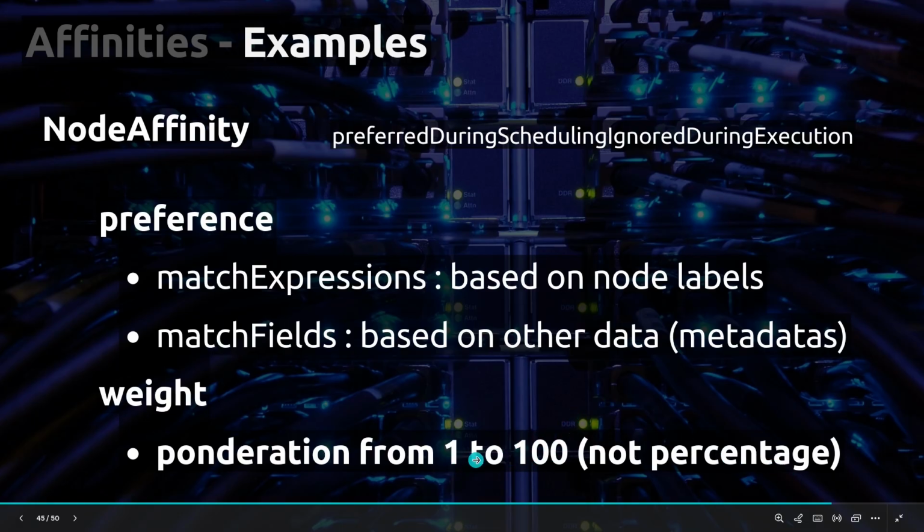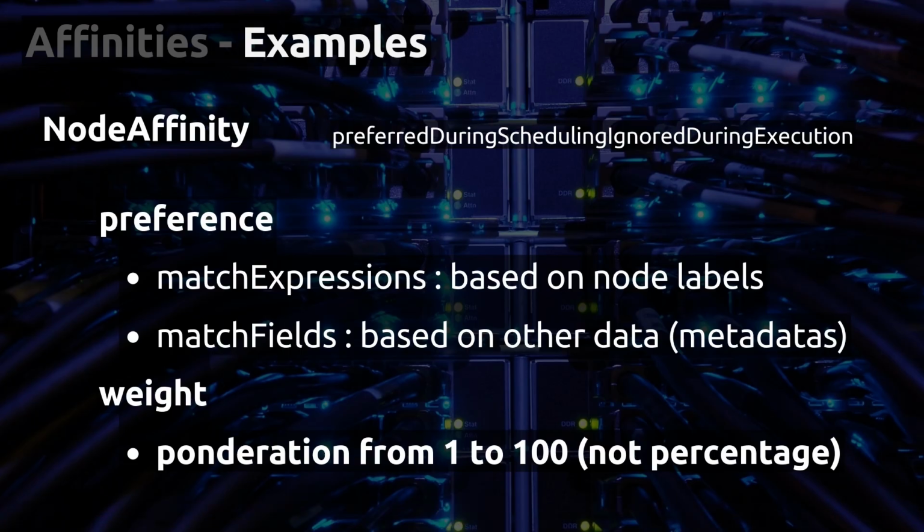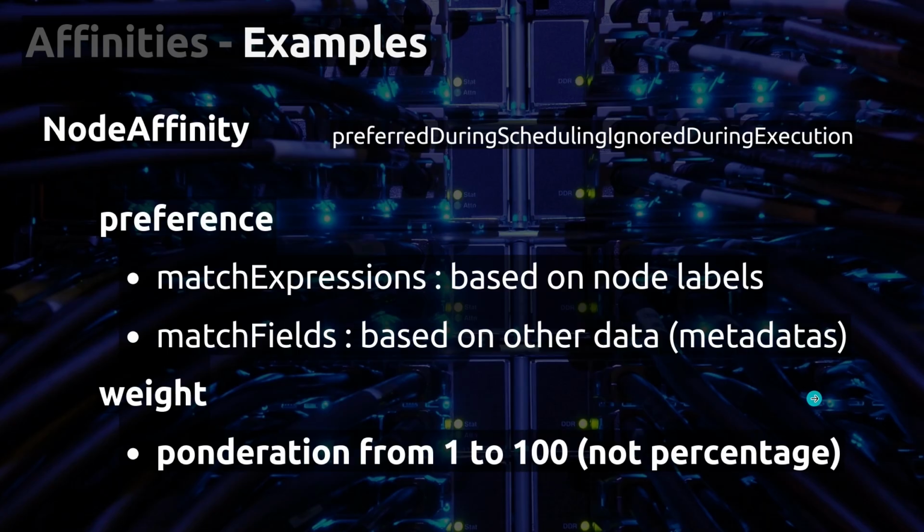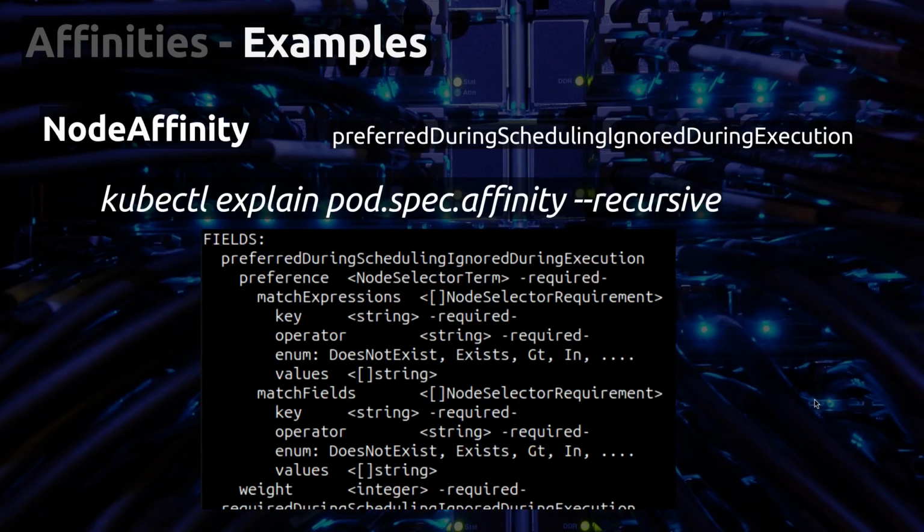It's not a percentage, it's more like a priority. So with 100, you will want to have not exactly a strict condition, but a really well-checked condition. If you set 1, of course, the condition will not be really strict and just only preferred.